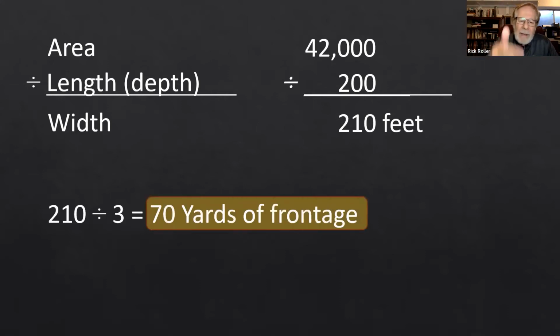But we need to divide that by 3. Why? Because they want to know the answer in yards of frontage, that portion along the road, which is the other dimension we're working with here. So don't let things like frontage screw you up. It's just the length of the property that's on the street.